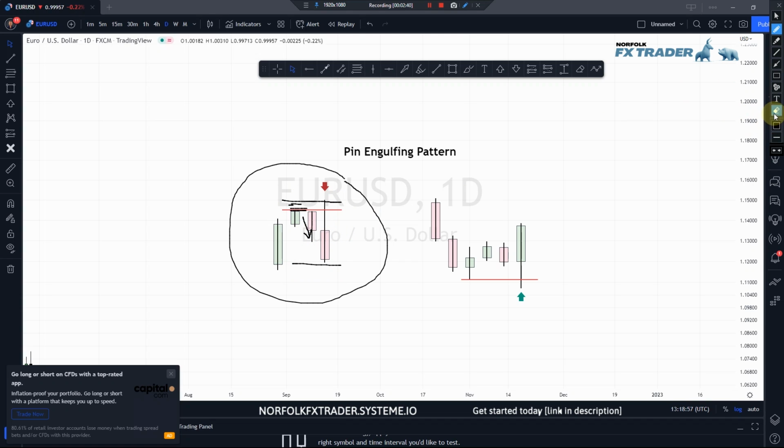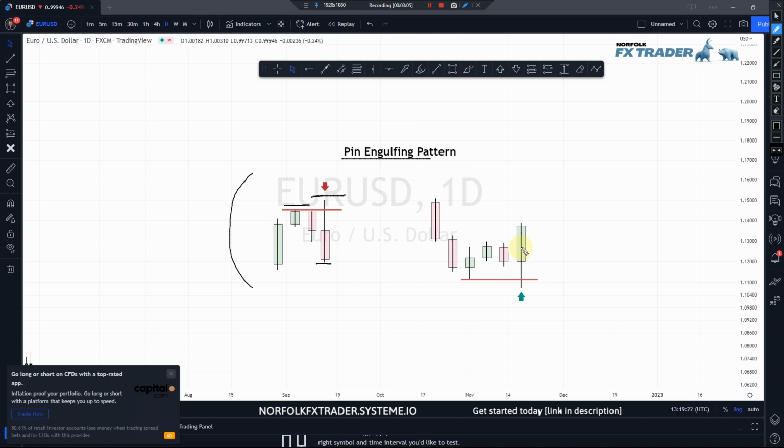You're looking for the candle to also show you that push up. So we want to see a longer upper wick which runs these stops, and then we see a bearish candle forming with a small wick to the downside, showing you an engulfing candle with the pin bar at the same time. That's why we call this the pin engulfing pattern.